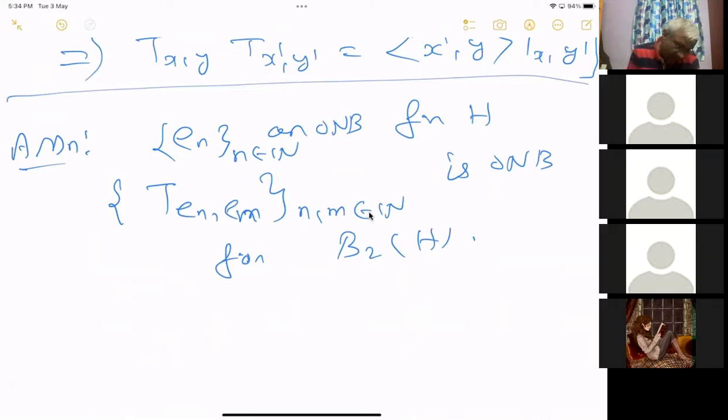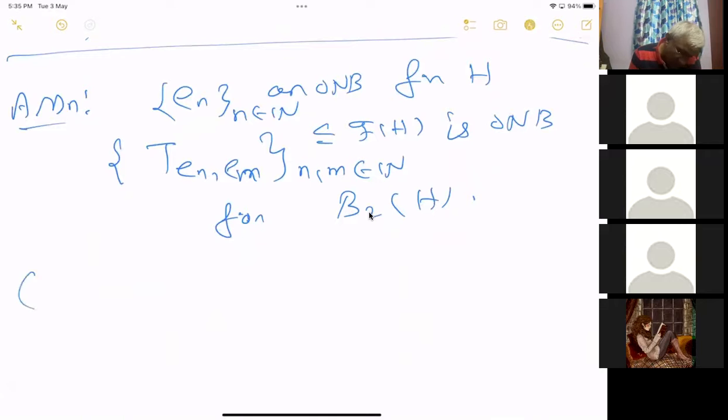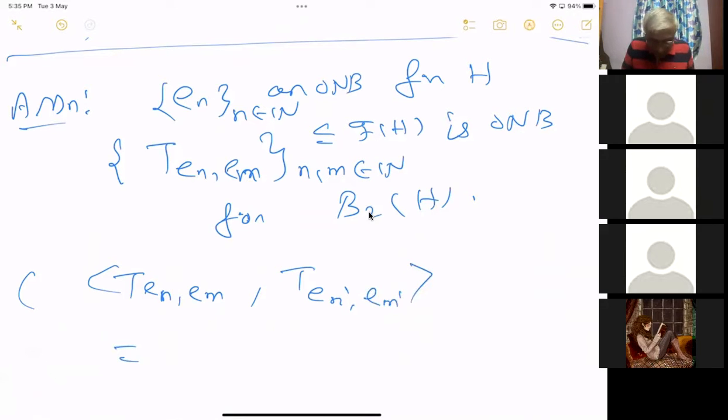So E_n is an orthonormal basis, then T_{E_n}, which are all finite rank operators, contained in the finite rank operators, is an orthonormal basis for the Hilbert-Schmidt operators. What do you have to prove? We have to verify that the inner product of T_{n,m} with T_{n',m'}, there will be a lot of products and trace computation which we have done, and will go through again in the next discussion class.